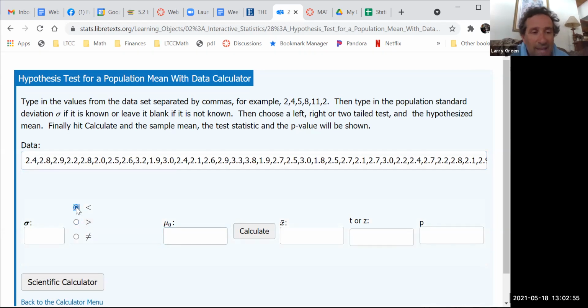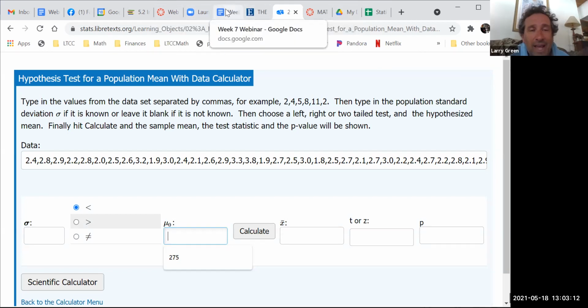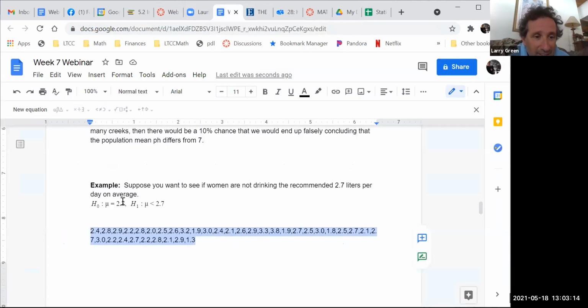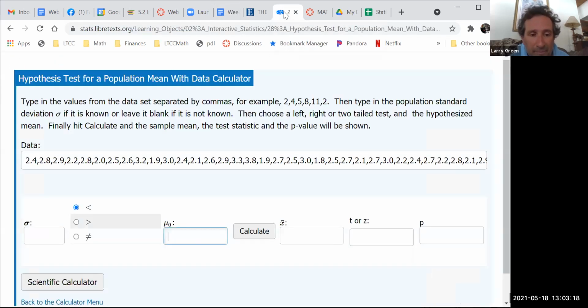And we have a less than, so I make sure I click on the less than. Sigma will almost always be left blank, by the way. That's only if you happen to know the population standard deviation, which you never do. Just letting you know that. Okay. Mu naught was, again, the other side of the H naught, which was 2.7. So that's our mu naught.